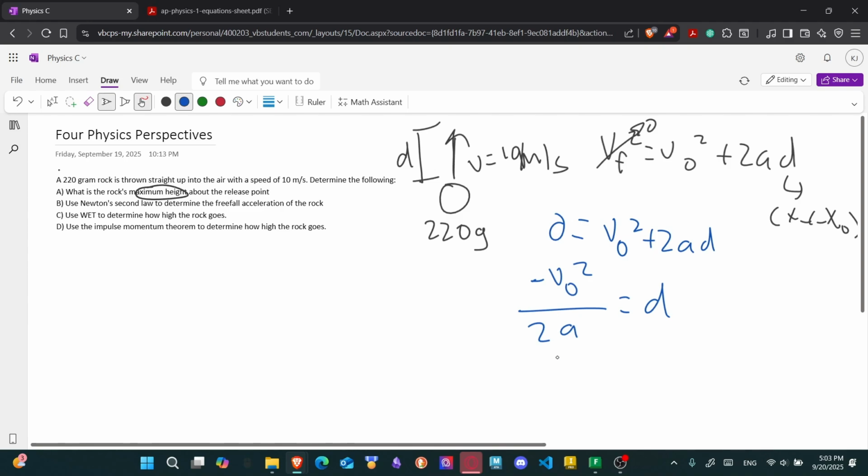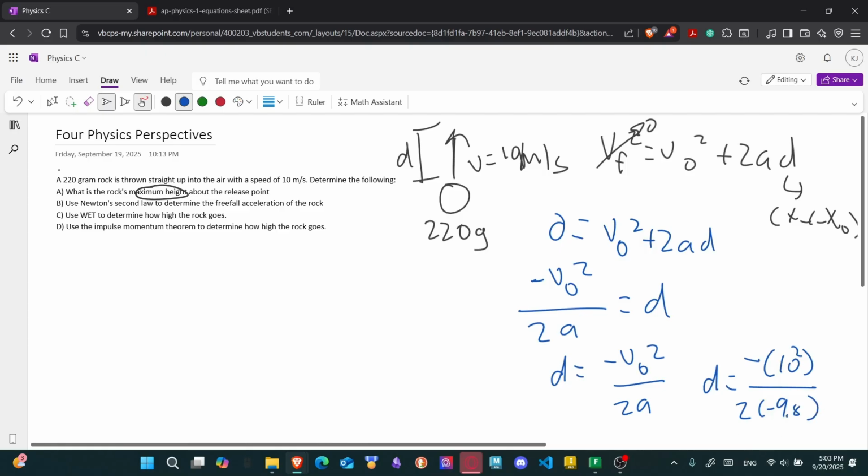So plugging in the values, d is equal to negative v initial squared over 2a. d is equal to negative 10 squared over 2 times negative 9.8.